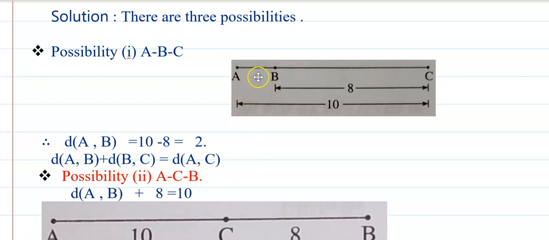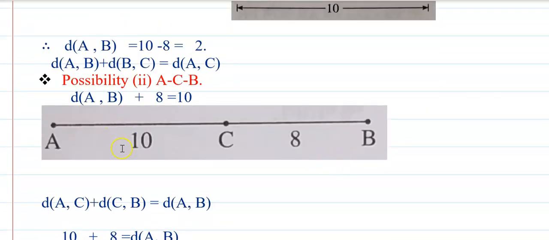Distance AB we want to find out. Therefore you will get distance AB is equal to 10 minus 8, and that is equal to 2. Therefore the distance AB is equal to 2 in this case, that is, B is in between A and C.